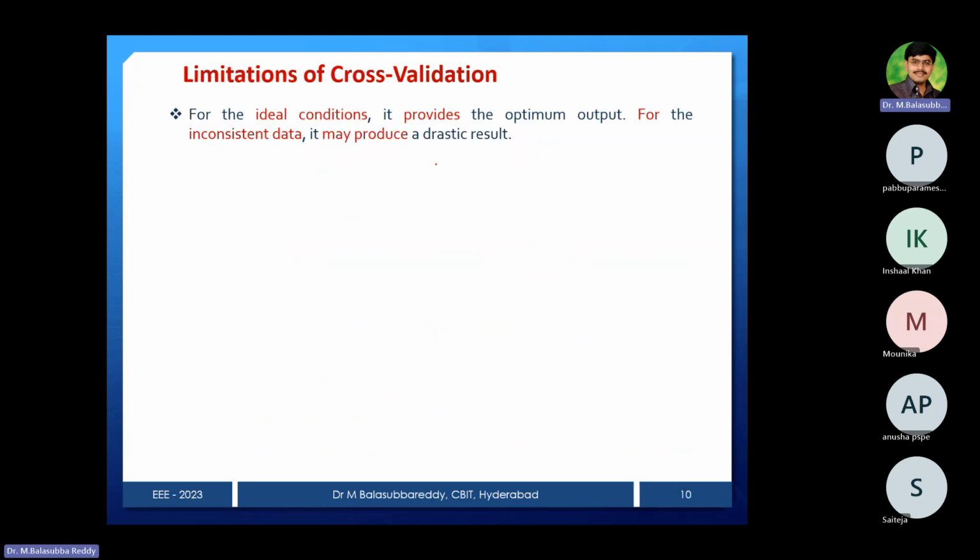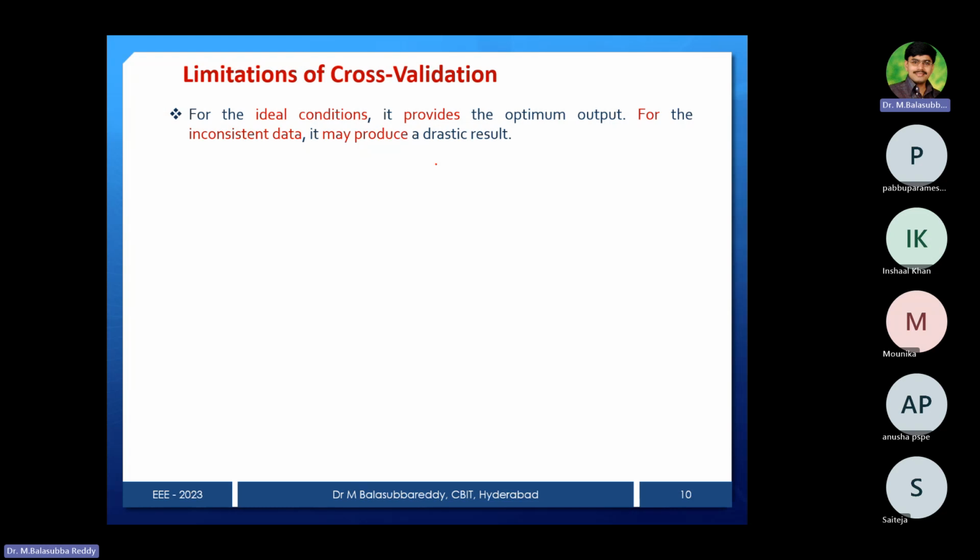Now, there is a limitation also. In ideal conditions, it provides the optimal output. For inconsistent data, it may produce drastic results. Inconsistent data means, for example, in trading, you may train on the past 5 years of data, but you are going to predict the present.